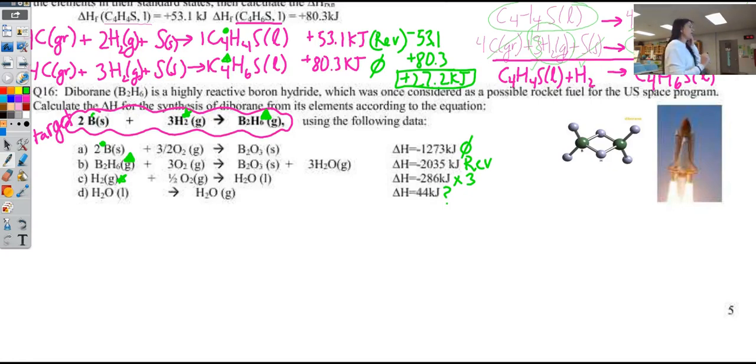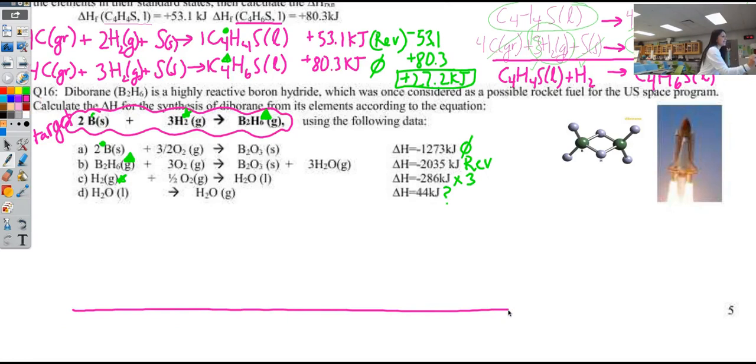I'm going to have to come back to it and figure out if I need to do anything to it. Okay, so let's go ahead and let's write these out. So I'm going to get my target line going here. And again, I am going to actually leave a space, by the way, for that last line, for that line D, just in case, because they gave it to me, so maybe I need it.